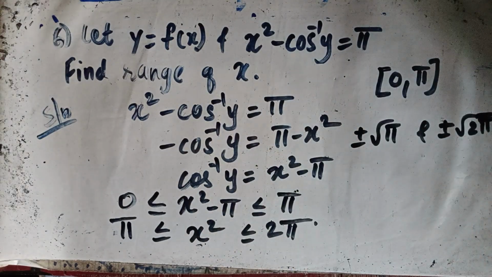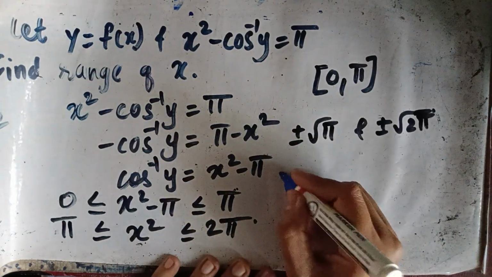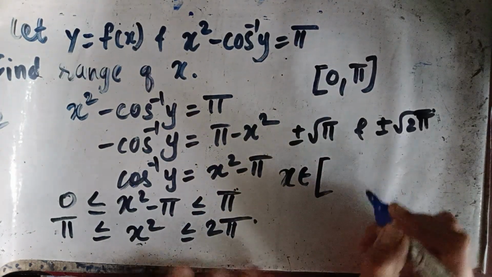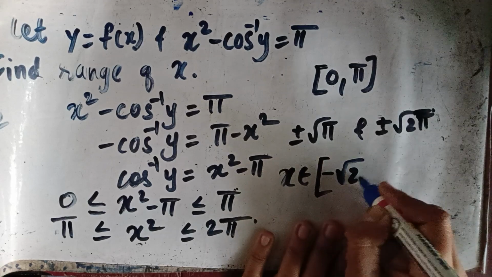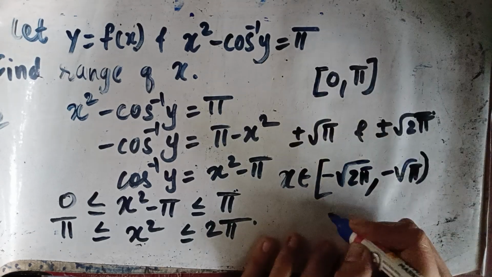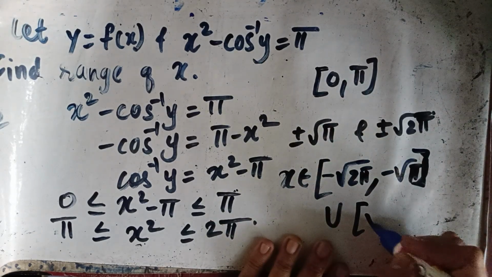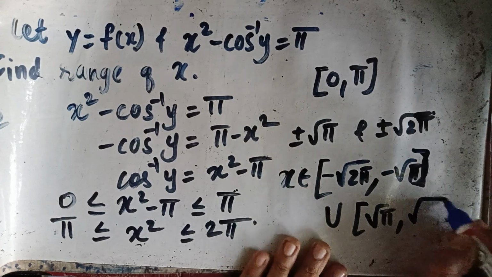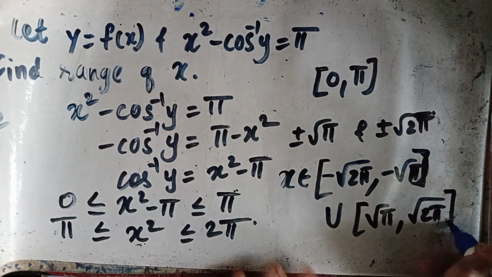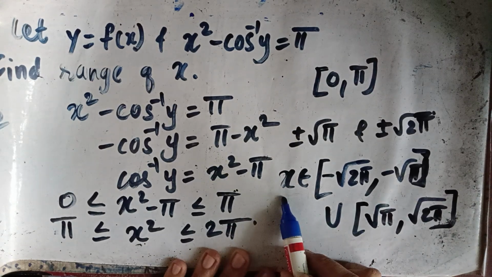So the first interval will be x belongs to minus root 2 pi to minus root pi union root pi to root 2 pi. Okay. So this is the range of x.